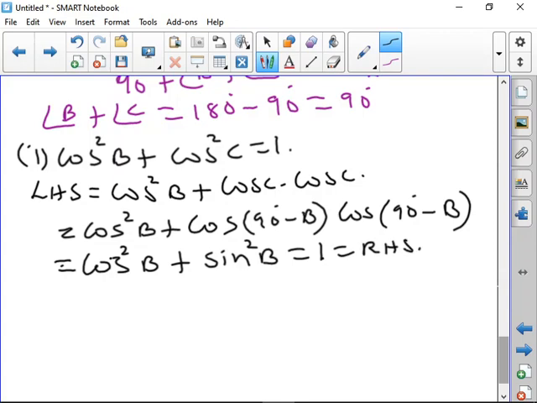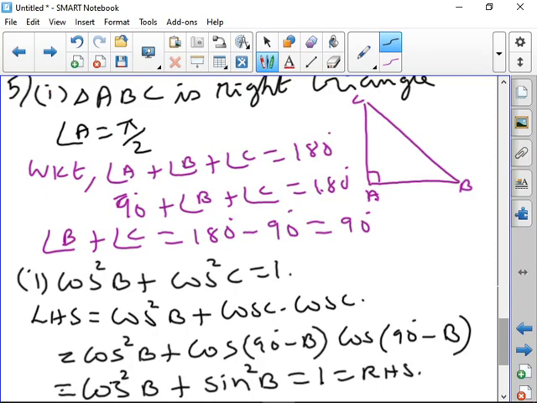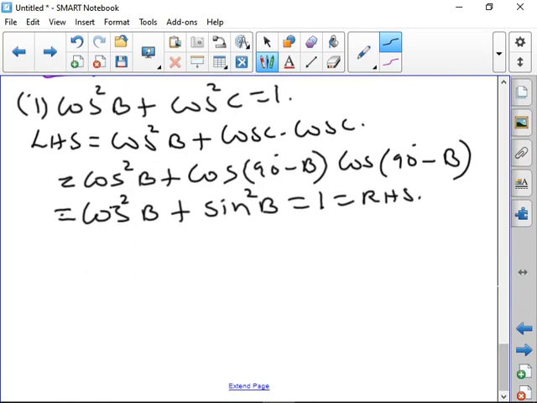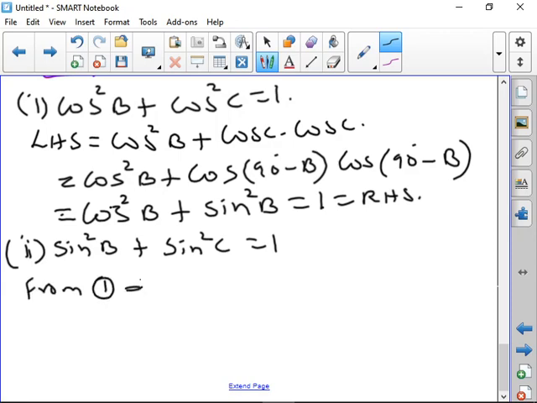Okay. Then come to the second subdivision. What is asked to prove? Sin square B plus sin square C is equal to 1. Now from the first one, what we got?